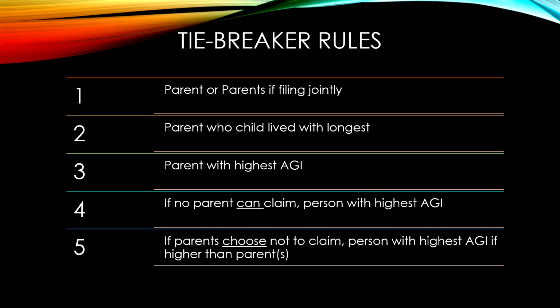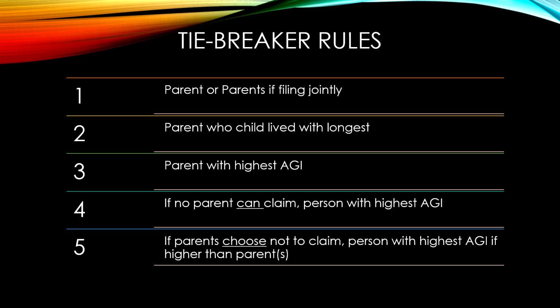So our first tiebreaker rule says that the parent, or if parents are filing jointly, they get first claim on that dependency. If it's a contest between one parent and another parent, then our second tiebreaker rule says that the dependency goes to the parent who the child lived with the longest. And this is usually measured in nights spent with one parent or the other parent.